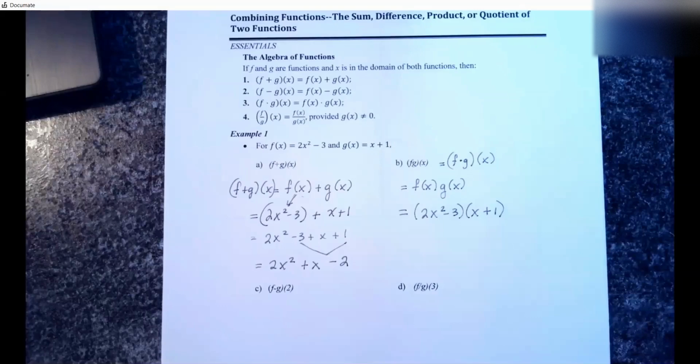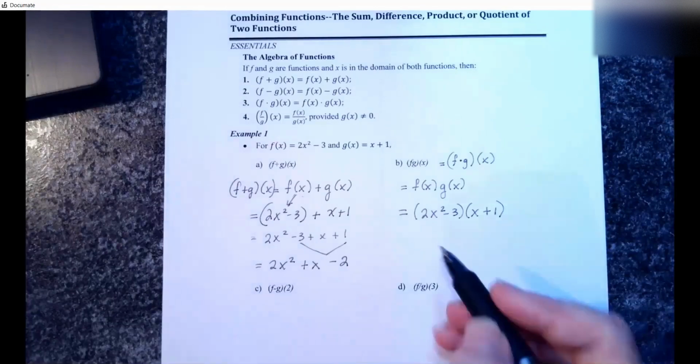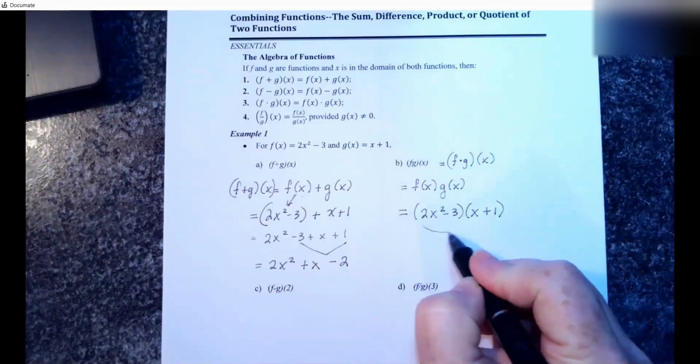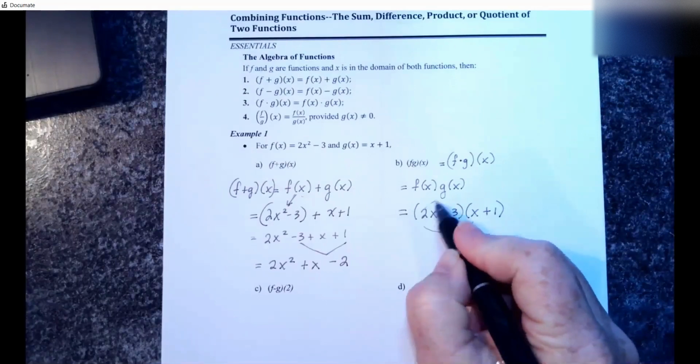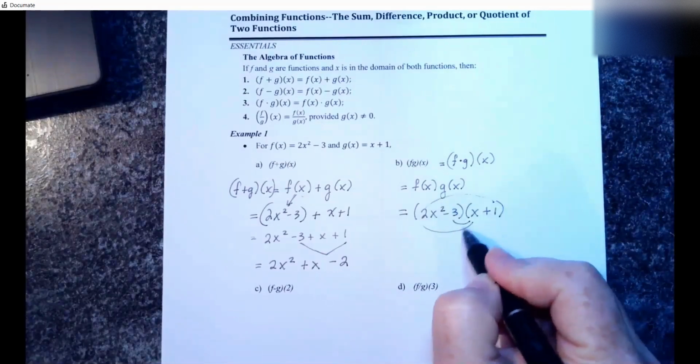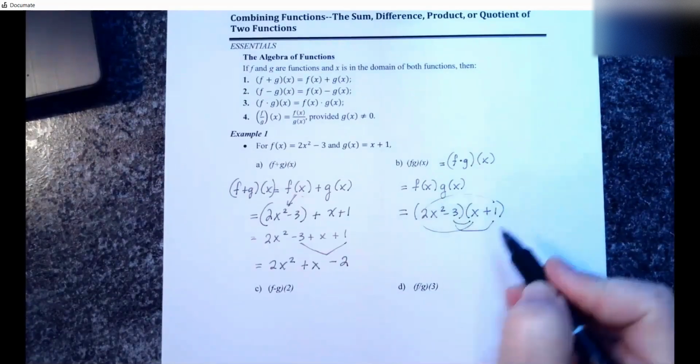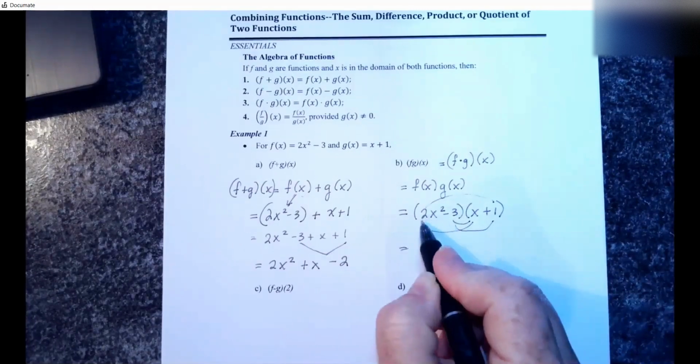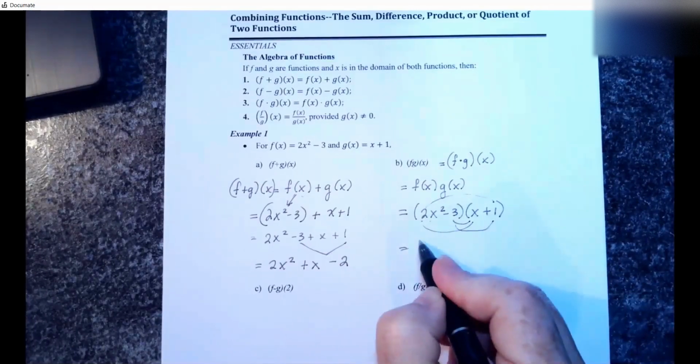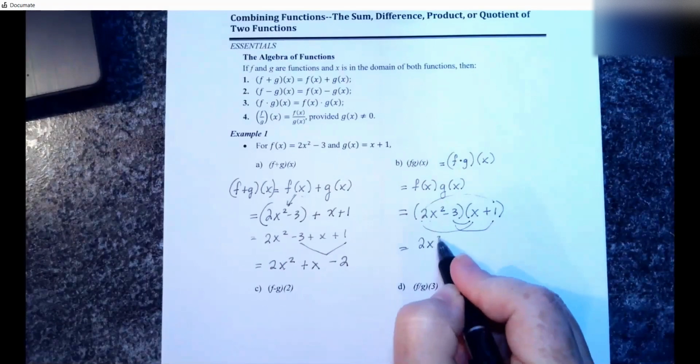And what would we do to multiply those out? FOIL. FOIL method, exactly. So I'm going to multiply the first terms together, the outer terms together, the inner terms together, and the last terms together. I have 2x squared times x is 2x cubed.